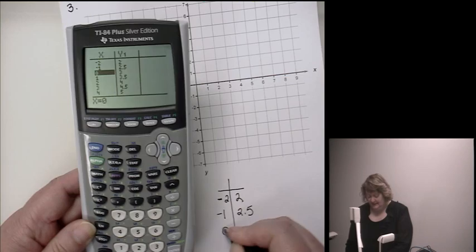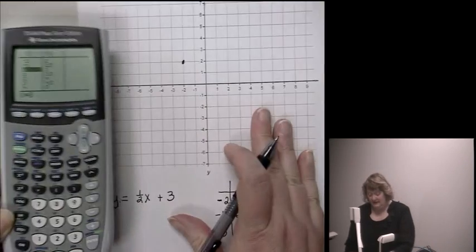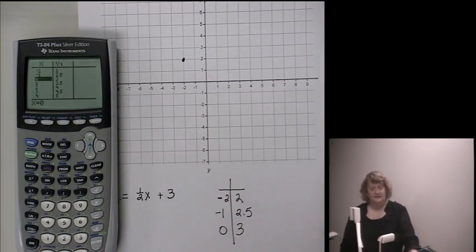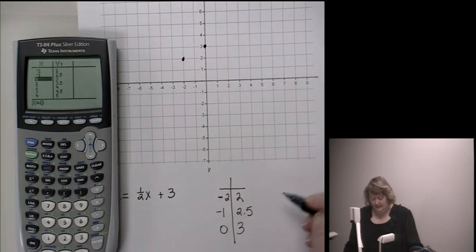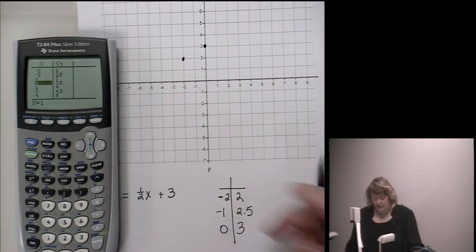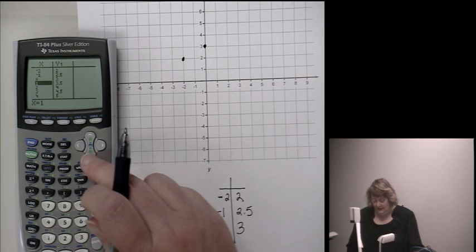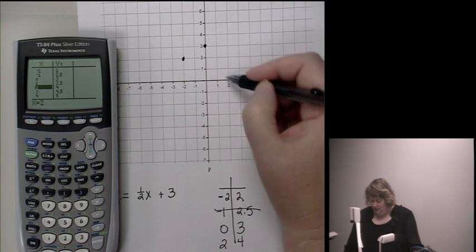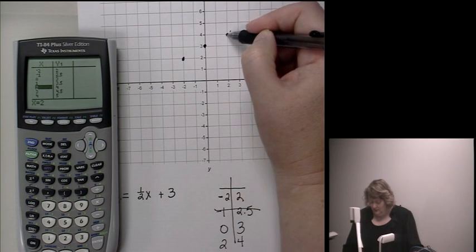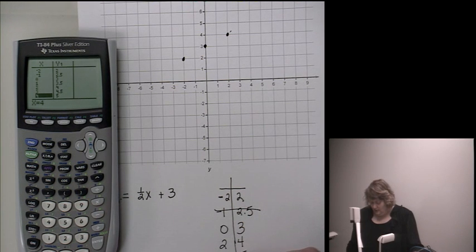And I'm going to go to 0, 3. There's nothing to say that I have to use every point that's in the table. So I can just go to 0, 3 as my next point. The next one is 1, 3 1/2. Again, I don't like that one. It has a fraction in it. So I'm going to skip it and go to the point 2, 4. Skip the 3 and go to 4, 5.